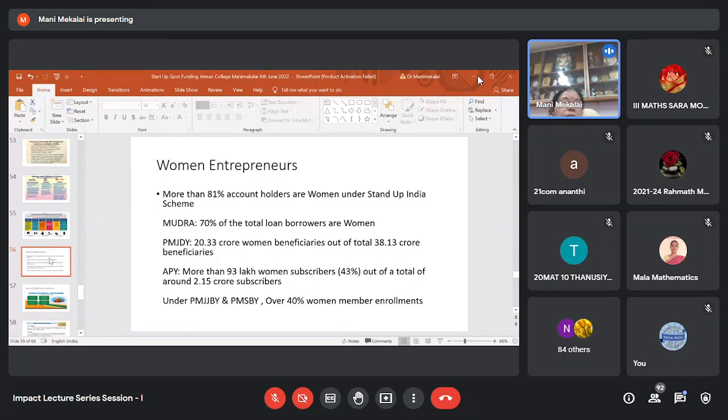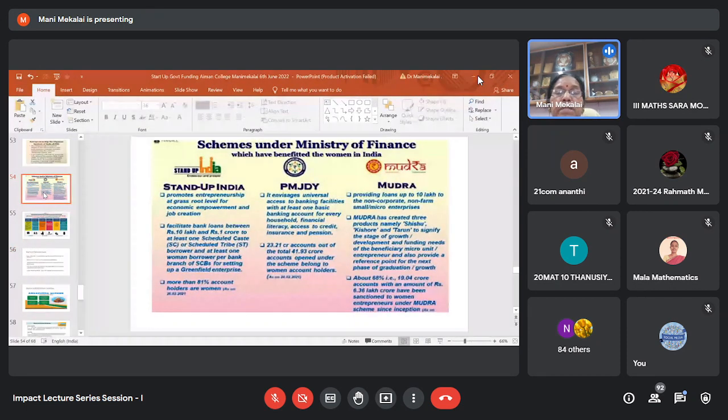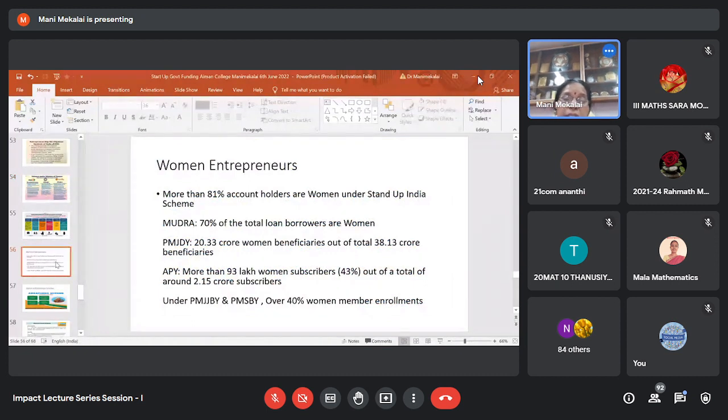We have just seen in the earlier slides that these are the major schemes available for the poor. Still, more than 81% of account holders are women under the Stand Up India scheme, because the scheme itself is mostly encouraging women, and therefore it is 81%. This is an encouraging trend. In Mudra, 70% of the total loan borrowers are women, very good.